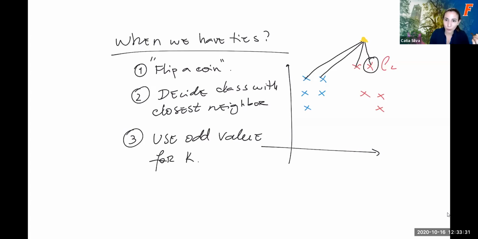Right? We can have a point for class 1, a point for class 2, and a point for class 3. So we have a tie still. But in general, we use an odd value for K, and then we use one of these two schemes to break ties. Okay.